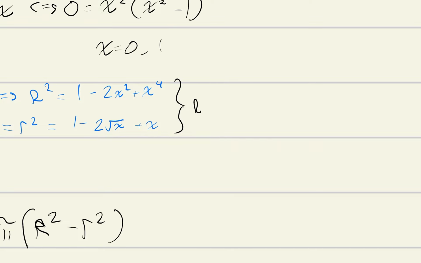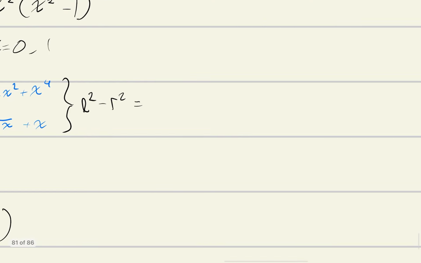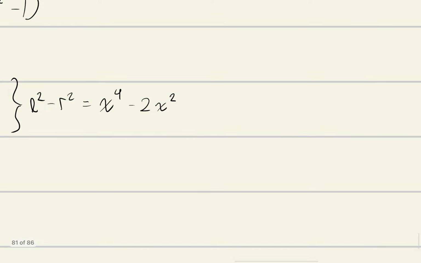Then we'll take big R squared minus little r squared, and in order from highest power to lowest power, we'll get x to the fourth minus 2x squared minus x plus 2 root x.